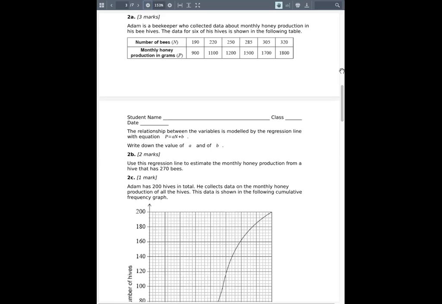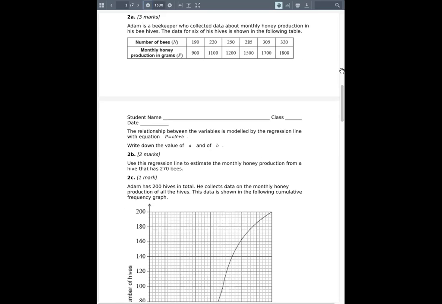The data for 6 of his hives is shown in the following table. The relationship between the variables is modeled by the regression line with the equation P equals AN plus B, where N represents the number of bees. Write down the value of A and B.